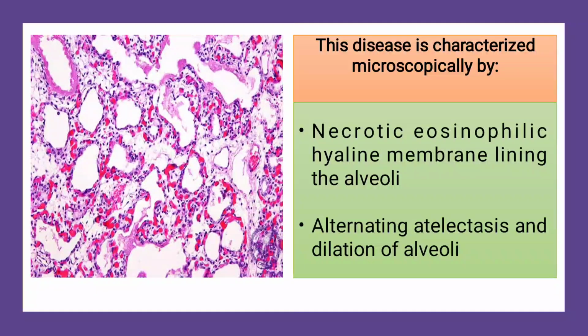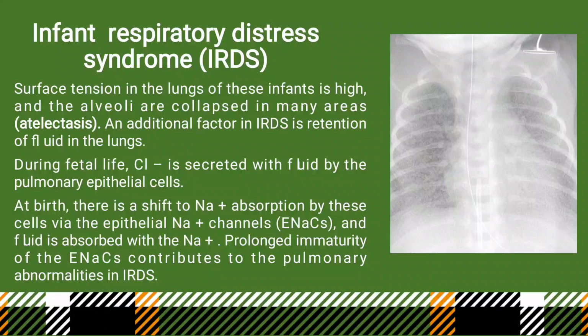Why is this disease also called hyaline membrane disease? Because there will be formation of a necrotic eosinophilic hyaline membrane lining in the alveoli, and alternating atelectasis and dilatation of alveoli, which you can see in this histological picture. That is the reason why it is called hyaline membrane disease.